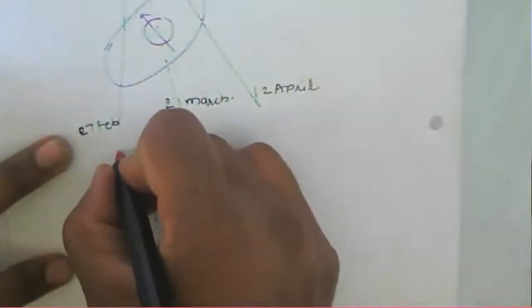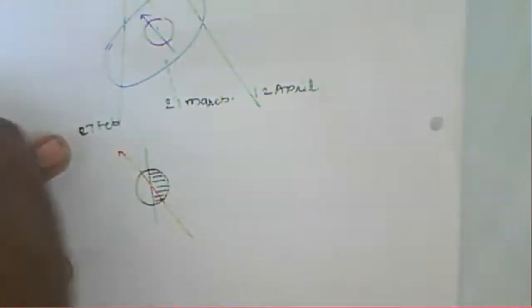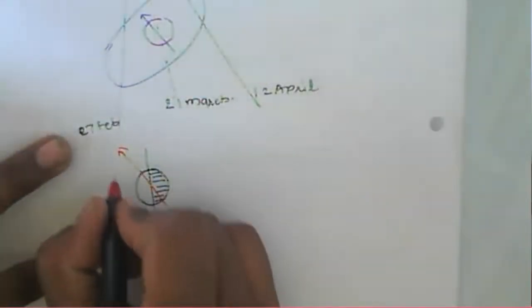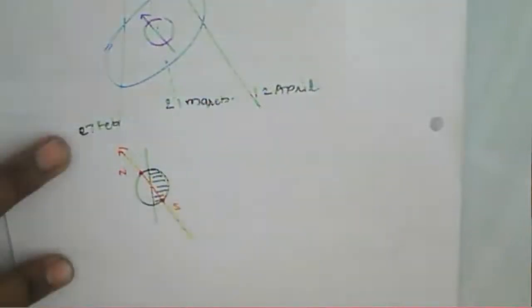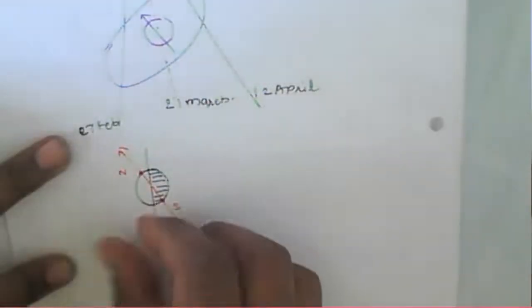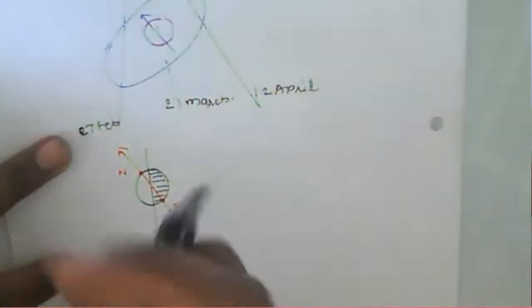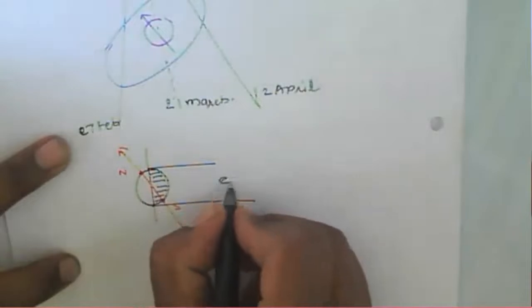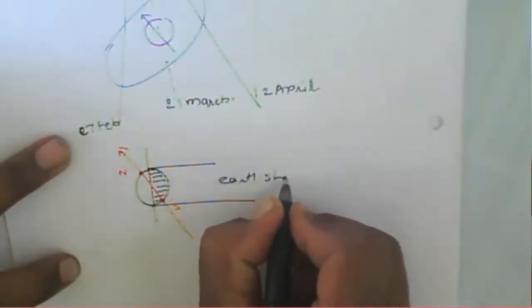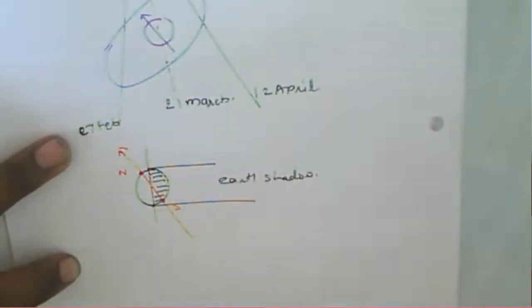this one is your Earth and this one is a shadow, and that orbit is inclined. This one is the inclined orbit. This one is the north, and this one is the south. And this one is the Earth rotational axis. But what happened here? The shadow appears.